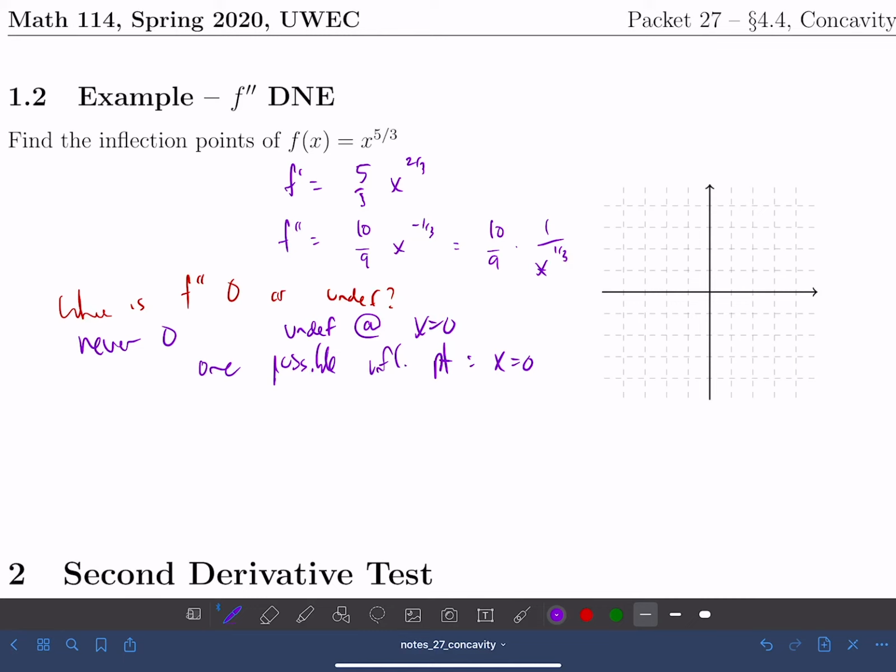Does the concavity change across? Well, let's do that by labeling right here x equals 0 on our axes. And I know that that is, in fact, the only place the concavity could change.